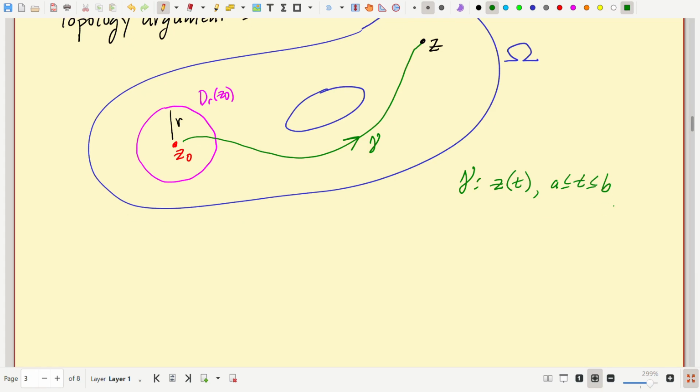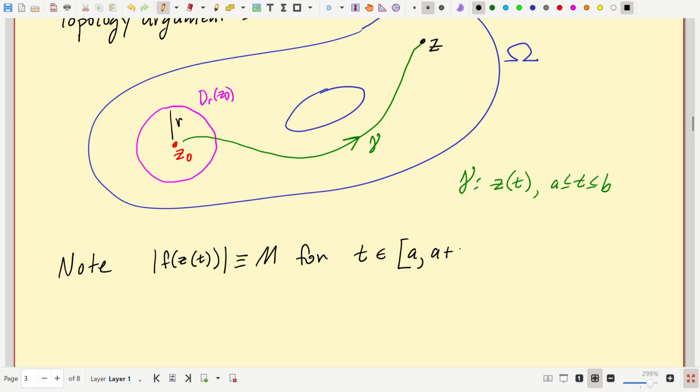Interesting thing, notice that there'll be an interval about a where f of z of t is identically equal to m for t in a to a plus delta, for some delta bigger than 0.